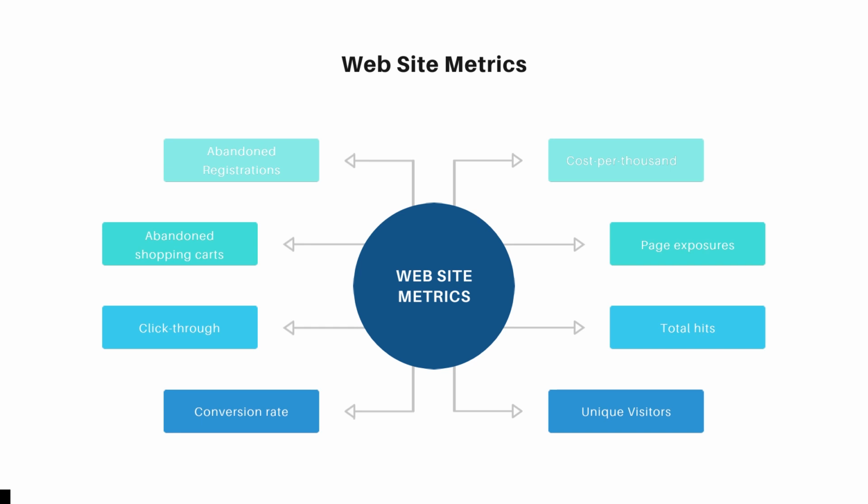This is commonly used to make the case for spending money to appear on a search engine. Page exposure, the average number of page exposures to an individual visitor. Total hits, the number of visitors to a website, many of which may be the same visitors. Unique visitors, the number of unique visitors to a site in a given time.